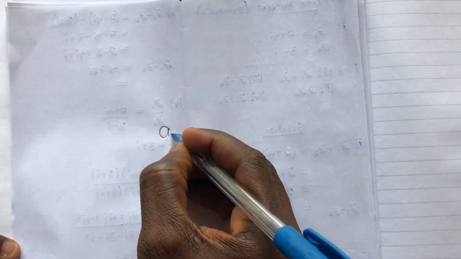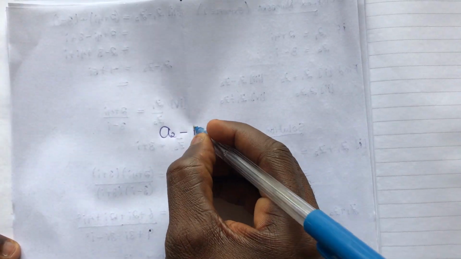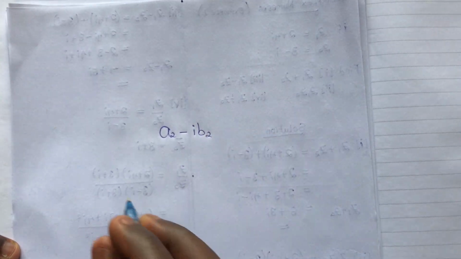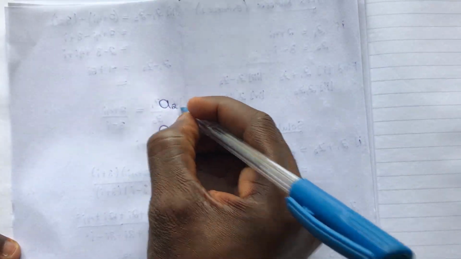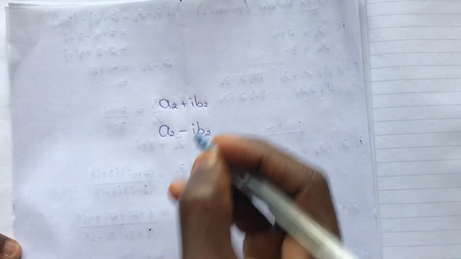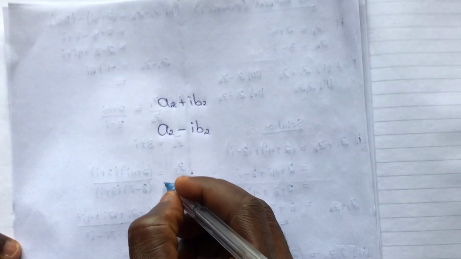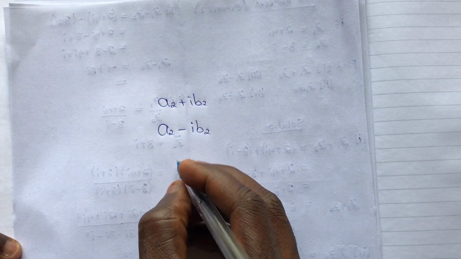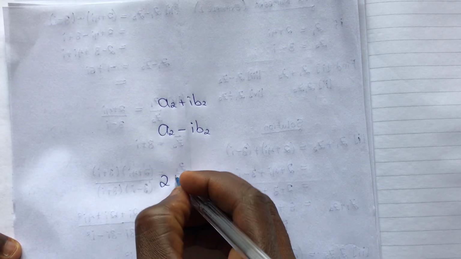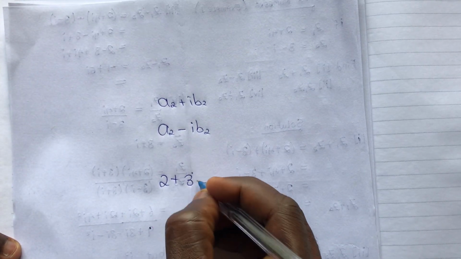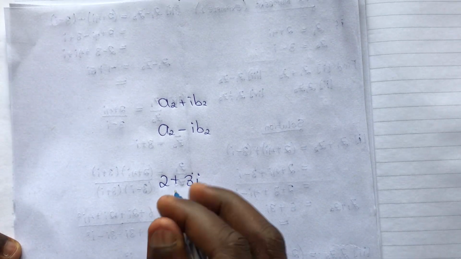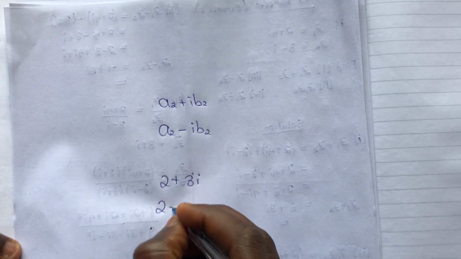So the conjugate of the denominator will give us a2 minus ib2, because the original form was a2 plus ib2. That means if I have a complex number, let's say 2 plus 3i, then the conjugate will be 2 minus 3i.